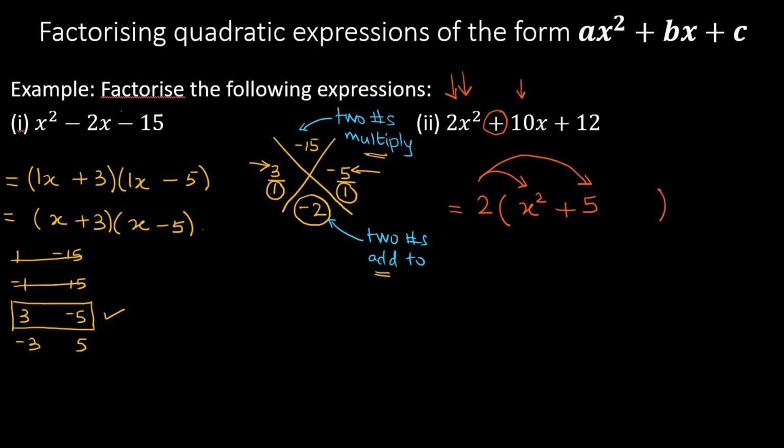It is simply 5x. And you have plus again, you put your plus. The third term, 2 times what gives 12? Simply 6. Okay, so we carry on, we keep the 2 outside.